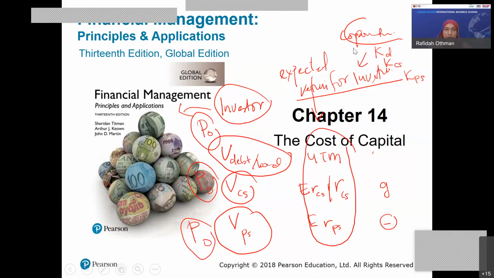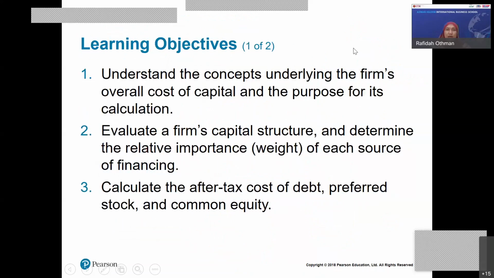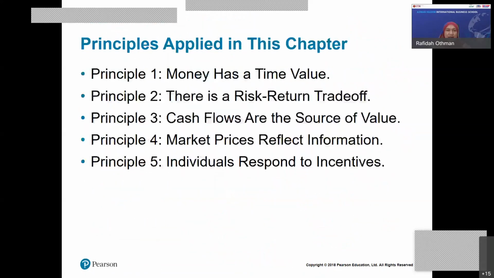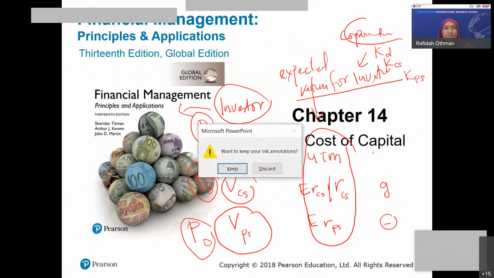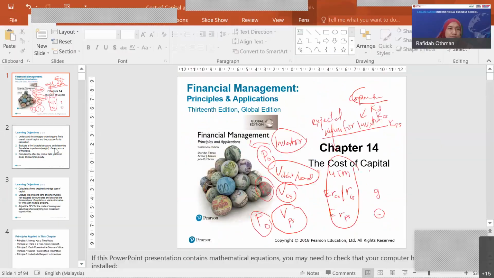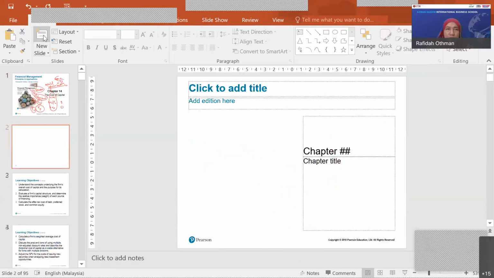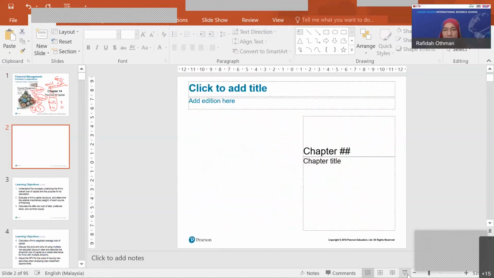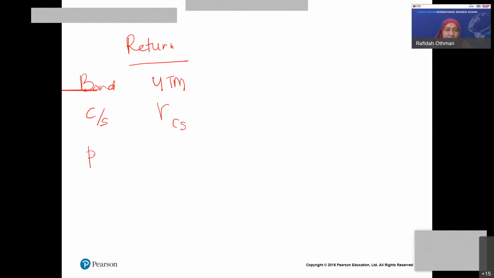So, comparing the perspective of the investor and the corporation: the expected return for bond will be YTM, the return for common stock will be R common stock, and the return for preferred stock will be RP.